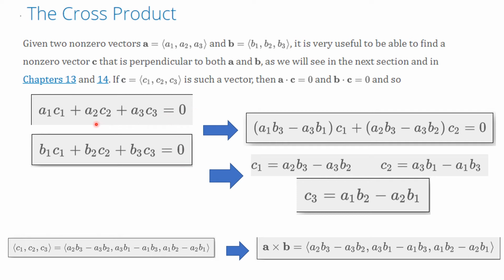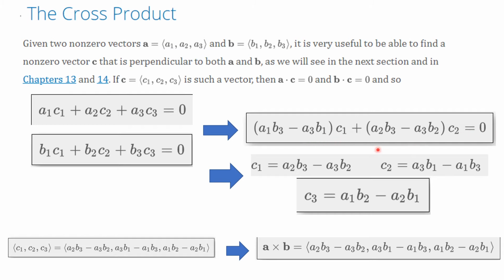So this is two equations and three unknowns. But we can eliminate C3 by multiplying the top equation by minus B3 and the bottom equation by A3, and adding the two equations together, and we get this. So now we have an equation with two unknowns, and so we reduce that dimensionality.